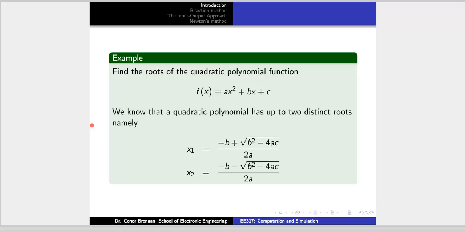And for a quadratic polynomial, we can explicitly work out what these roots are, in terms of the coefficients a, b, and c, by a formula you all know: root number 1 is minus b plus the square root of b squared minus 4ac, all over 2a, and root number 2 is minus b minus the square root of b squared minus 4ac, all over 2a. So that's an example where we don't need a numerical root finding algorithm. We just use what we learned in school.